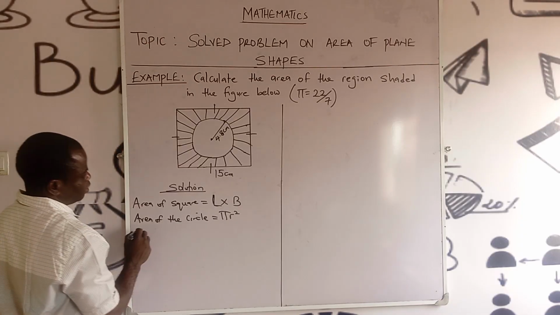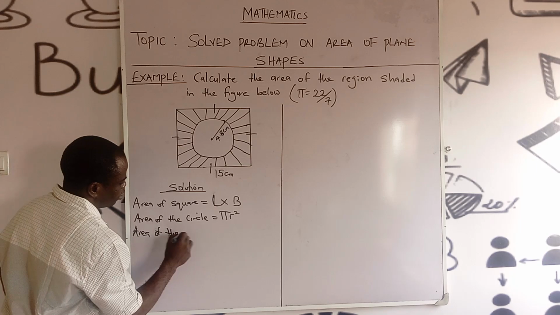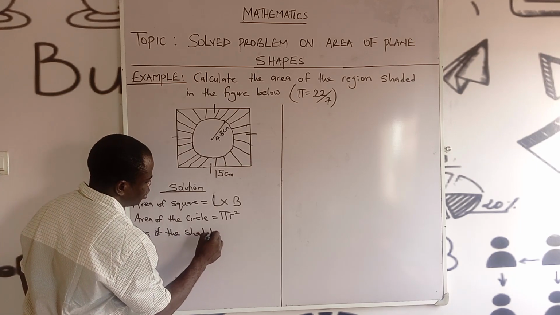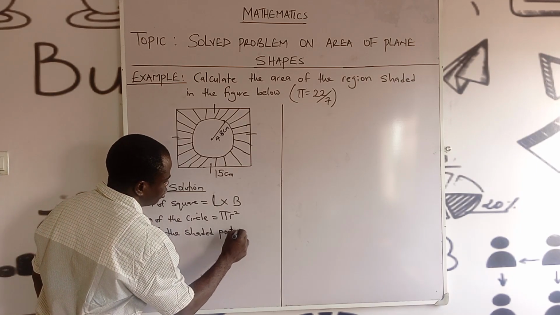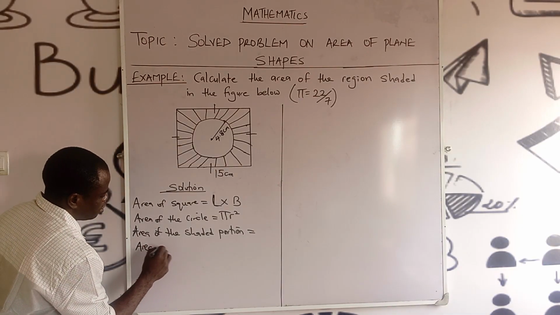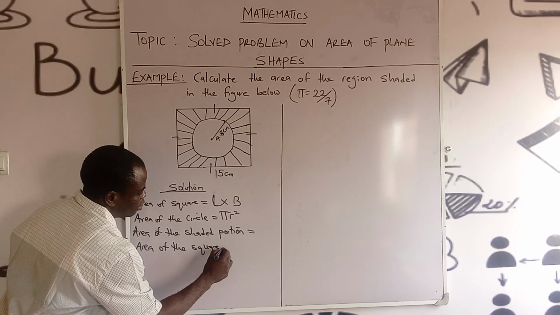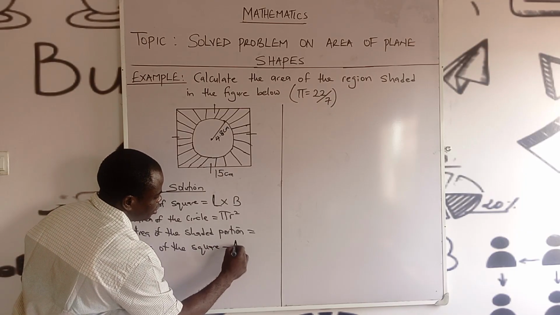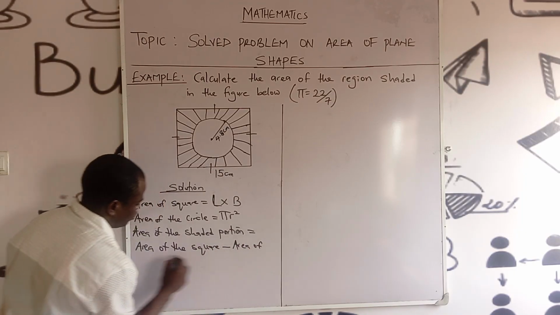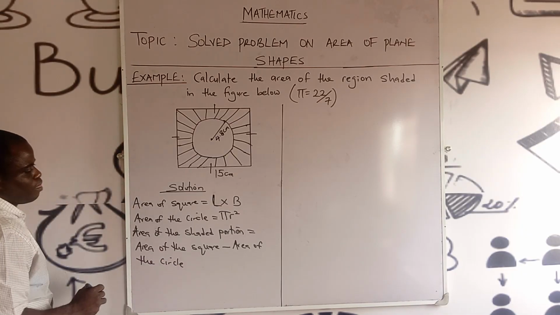And area of the shaded portion equals area of the square minus area of the circle.